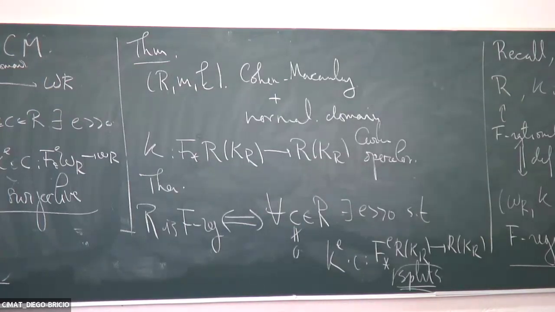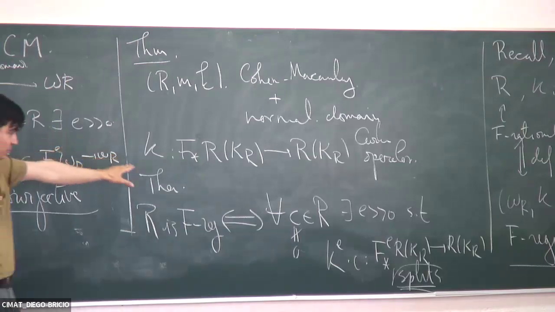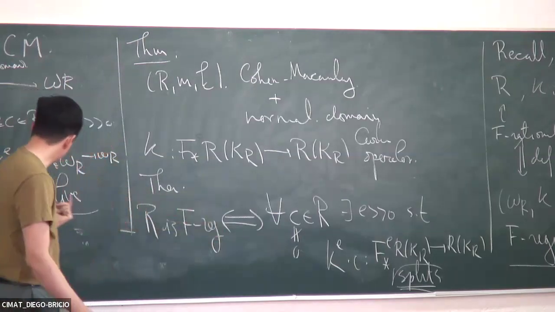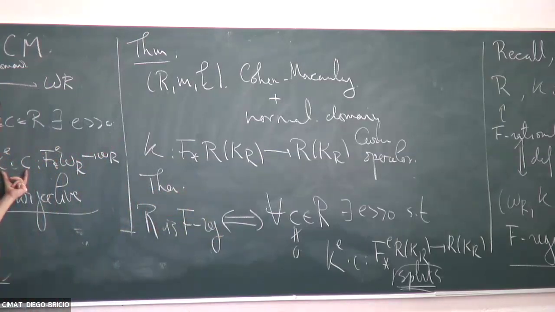If you have a local Cohen-Macaulay normal domain, what is the difference between F-rationality and F-regularity? Literally, just the difference between splitness and surjectivity. Yeah. That's it. F-regularity is way stronger because you see, it forces this operator to split.